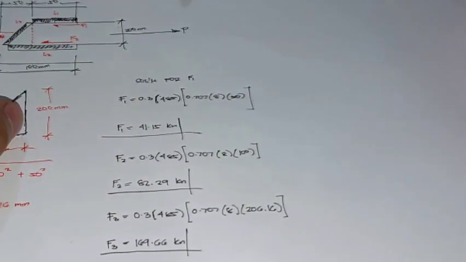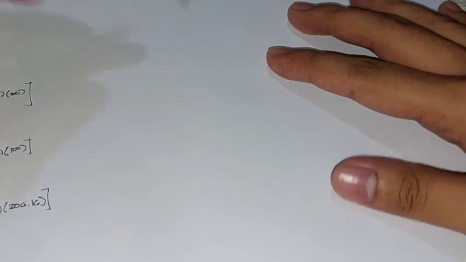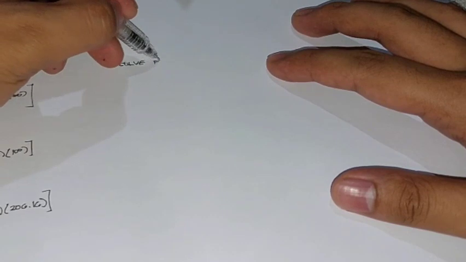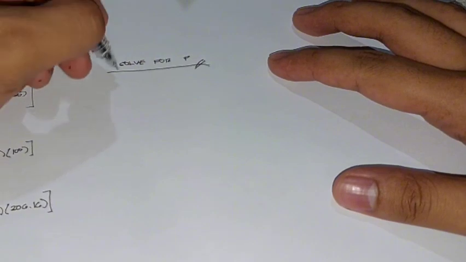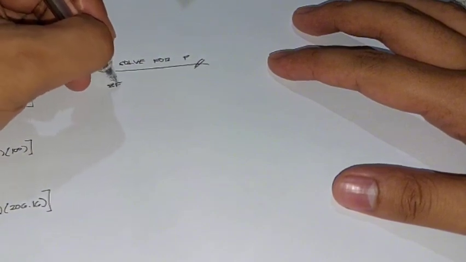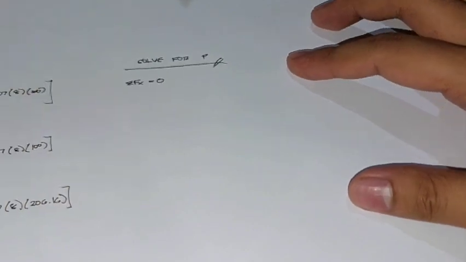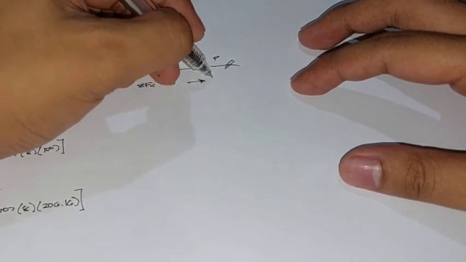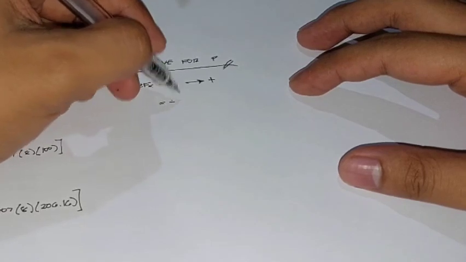Now solve for P. Summation of forces horizontal. Assume forces to the right are positive.